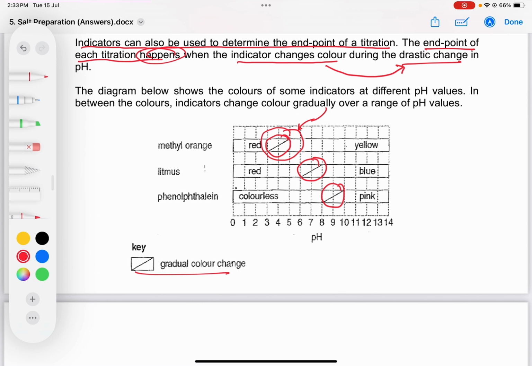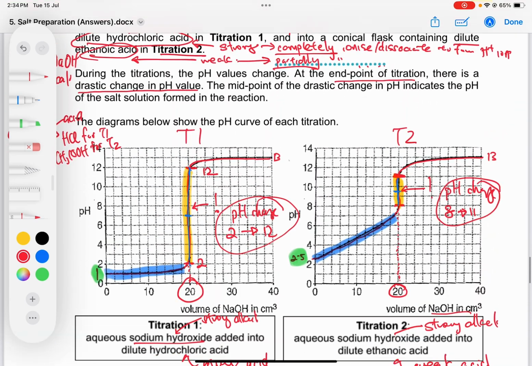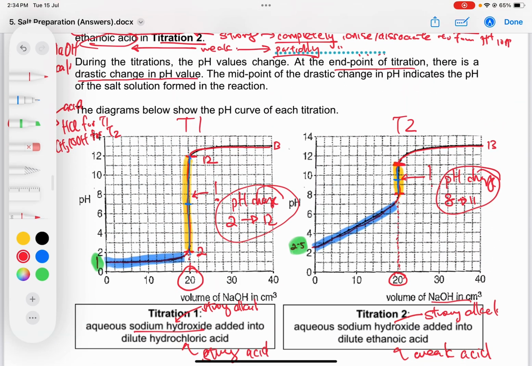The change happens between pH 3 to pH 5. This is my indicator changing color. So my endpoint must be between 3 to 5 in order for methyl orange to detect it and show the endpoint color change. But for titration 2, the pH change happens from about 8 to 11.